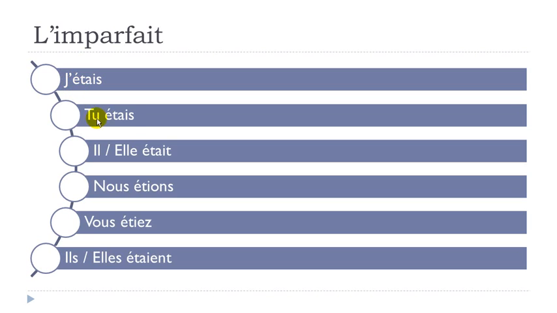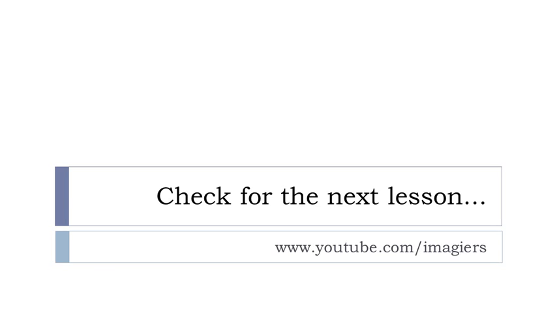J'étais. Tu étais, il était, elle était, nous étions, little liaison here to make it more beautiful. Final S not pronounced, remember. Vous étiez, same thing here, little liaison, and then ils étaient, liaison as well, elles étaient, all right? That was it for l'imparfait.